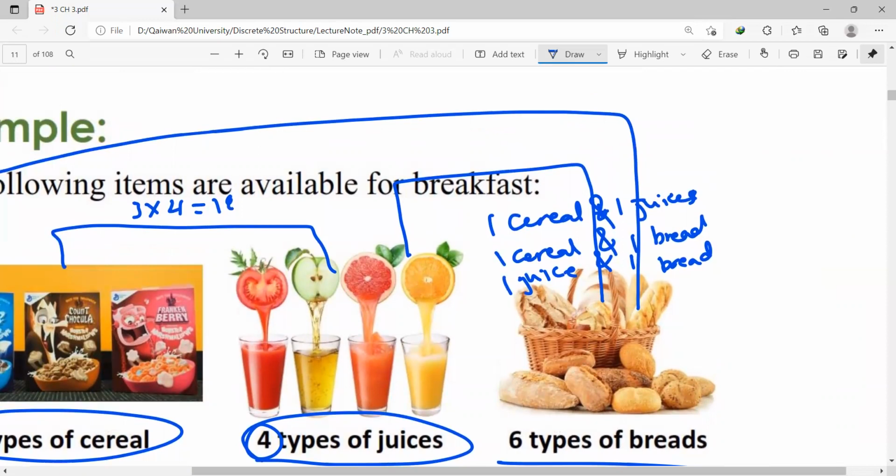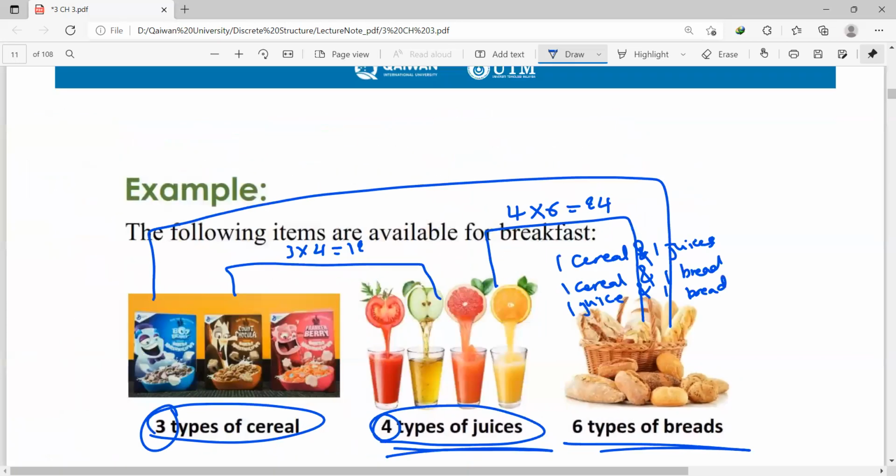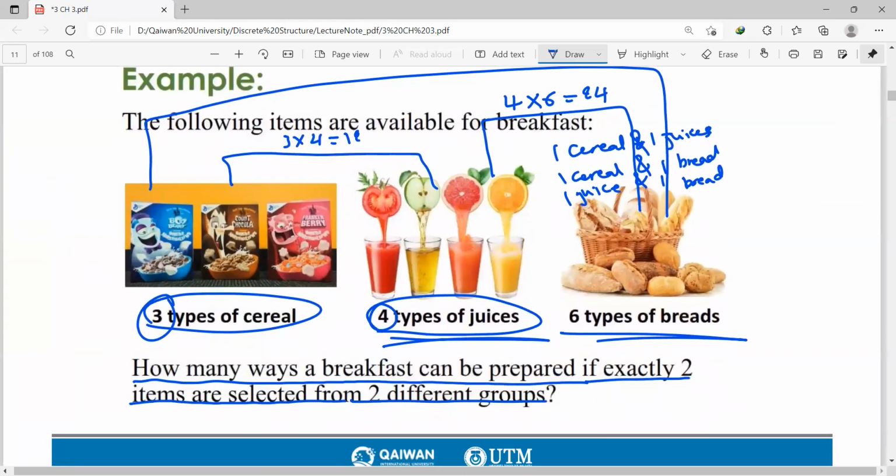So 4 ways for the juice group and 6 ways for the bread group. 4 times 6 is 24.